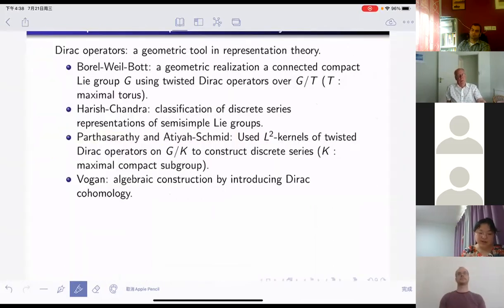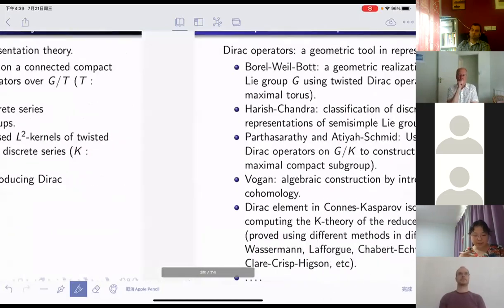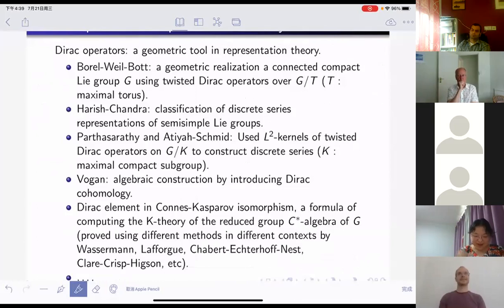This idea is integrated in algebraic language by introducing Dirac cohomology by Vogan. And my series of lectures is going to be about a K-theoretic version of Dirac operators, describing the Dirac operators in the K-theory context, known as the Kohn-Kasparov isomorphism.